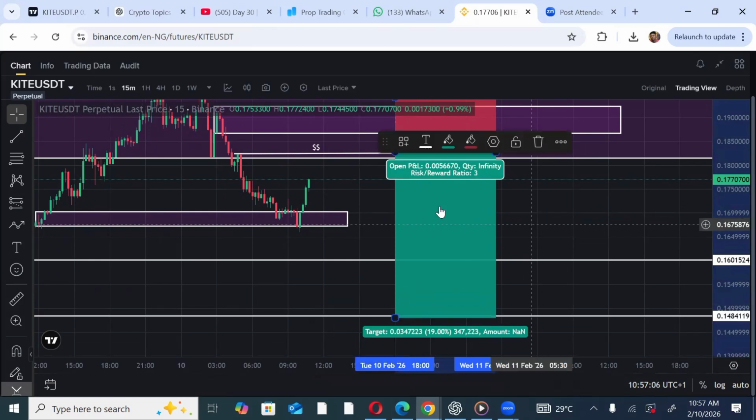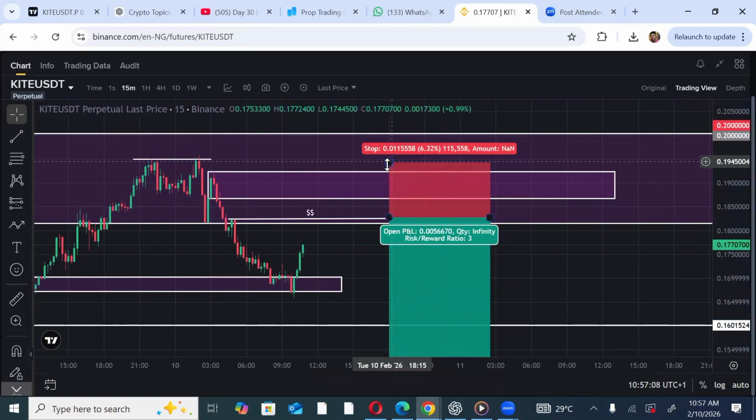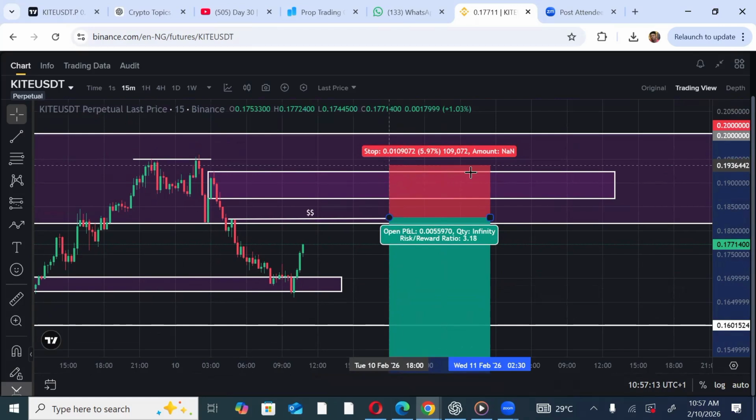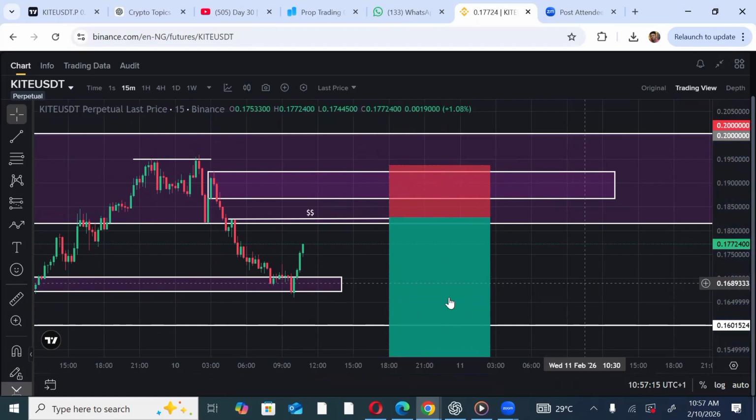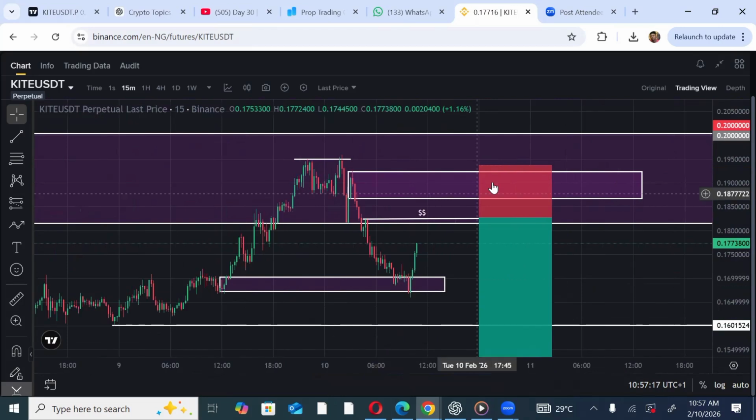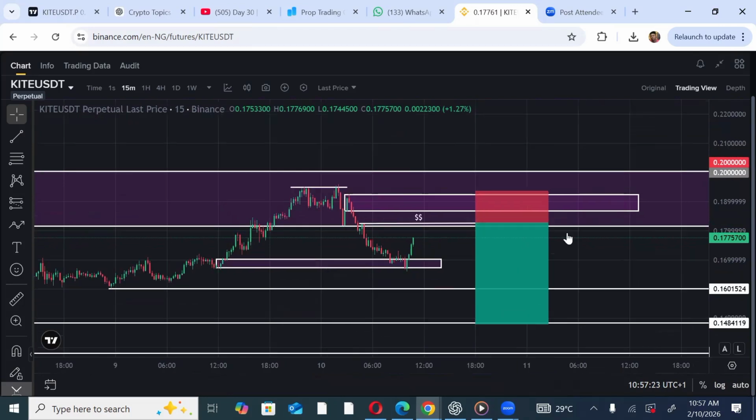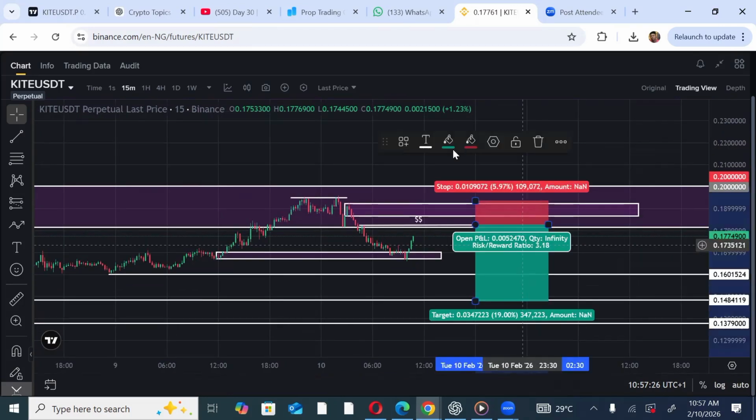About that. Can refine this to the downside again. Can refine this if you want to. But basically, this is how I'm going to be addressing or approaching the market. Right, I'm going to approach the market like this.